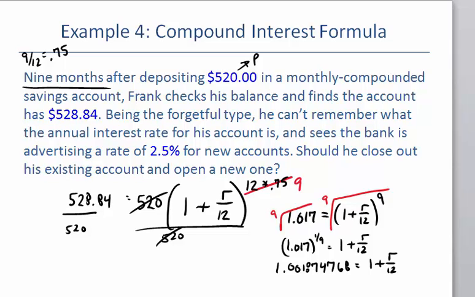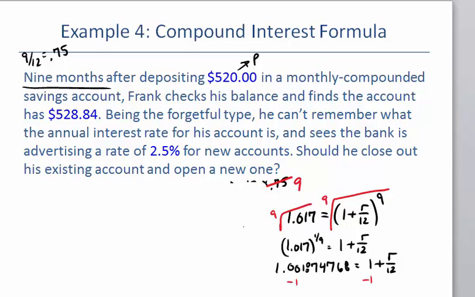Okay, what do we do next? We're solving for r, so we can subtract the 1 from both sides. Let me erase some of this so we have some room to work. Subtracting the 1 from both sides gives me 0.001874768 is equal to r over 12.